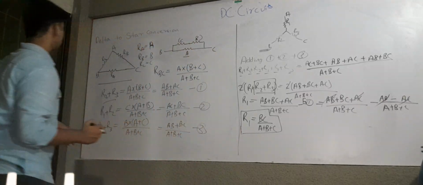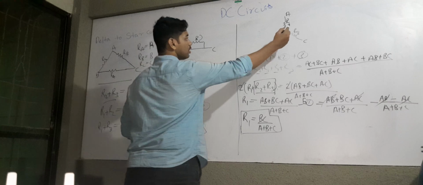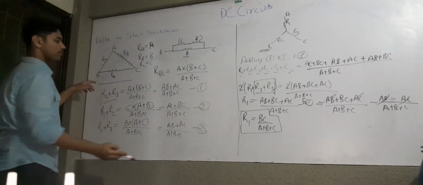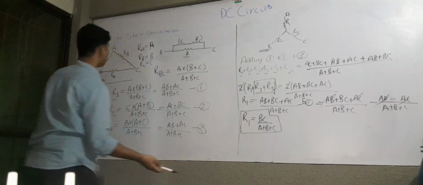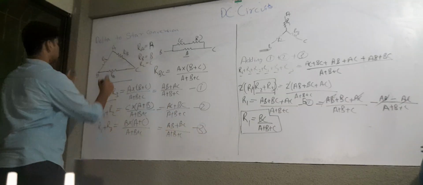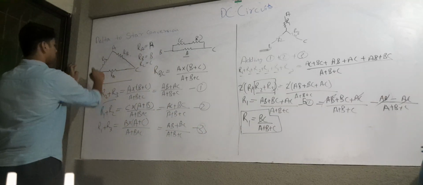So this, as you can see here, R1 is equal to B into C upon total. So this into this upon total.